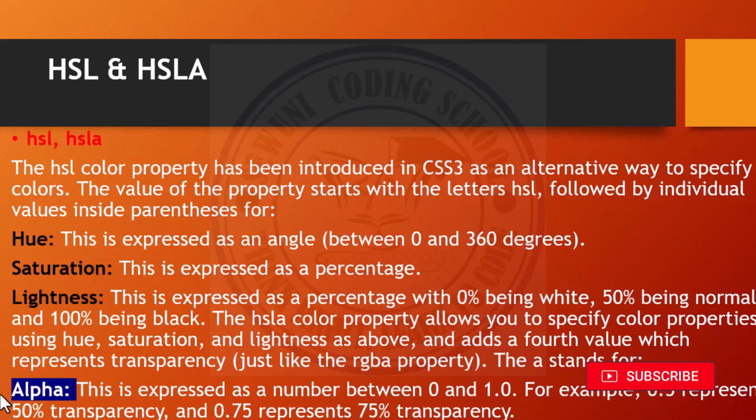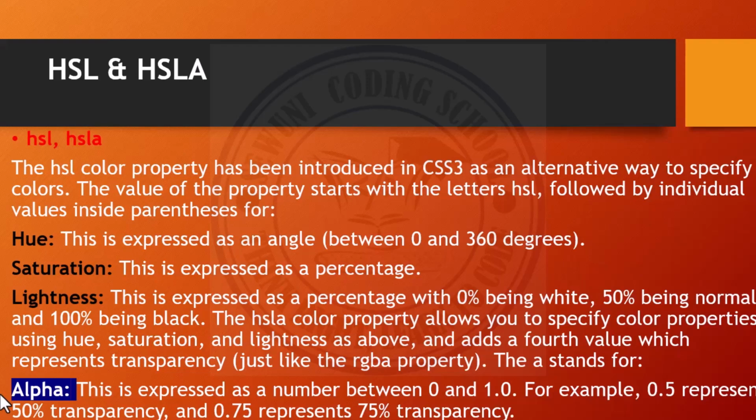Okay, saturation is also expressed as a percentage. We told you saturation has to do with the amount of gray in a particular color, and lightness or brightness has to do with the amount of what? Black. Okay, so 0% lightness simply means black, 100% lightness simply means white.